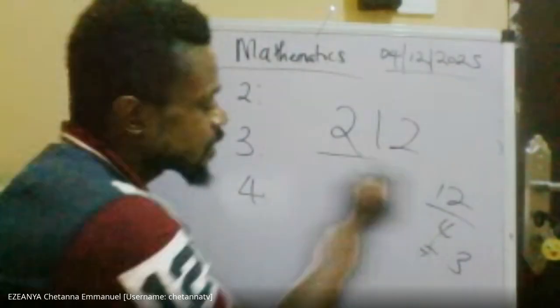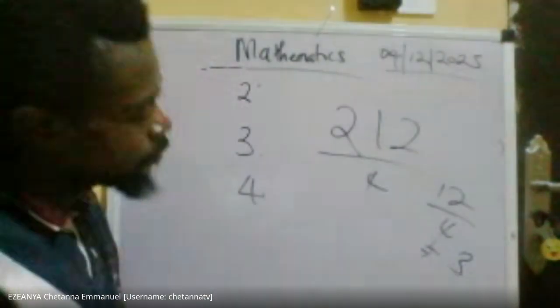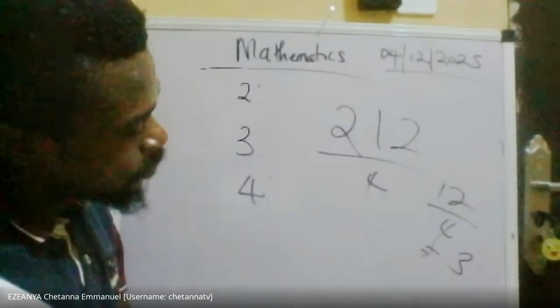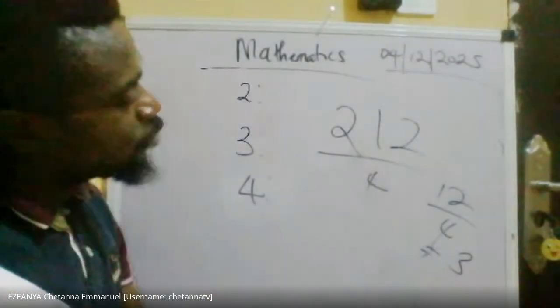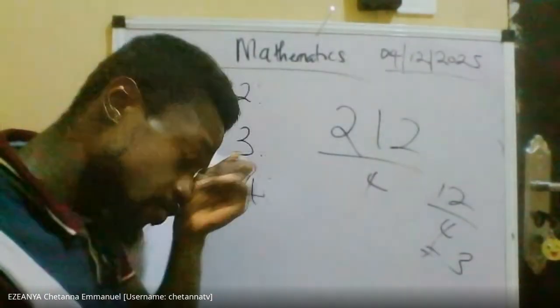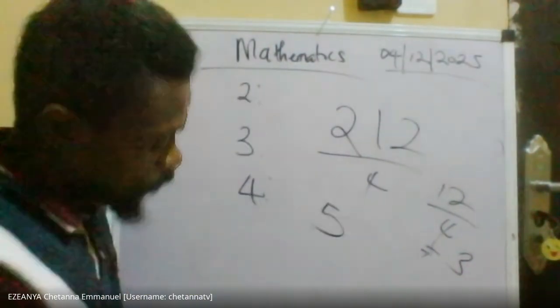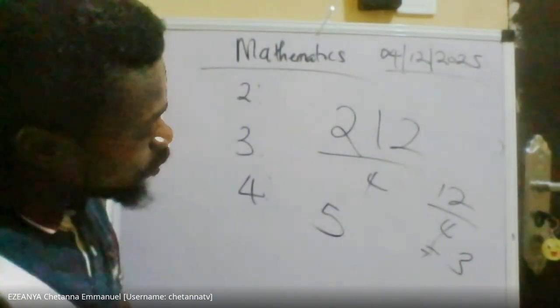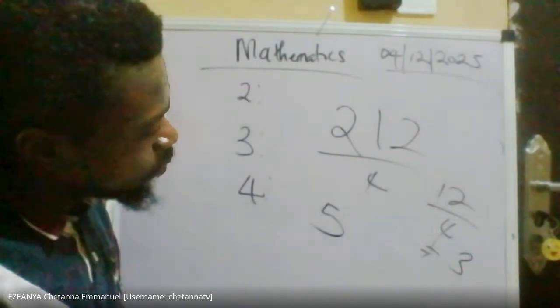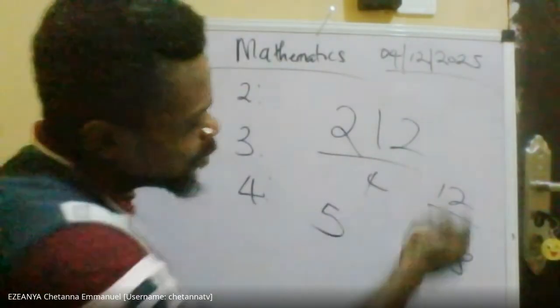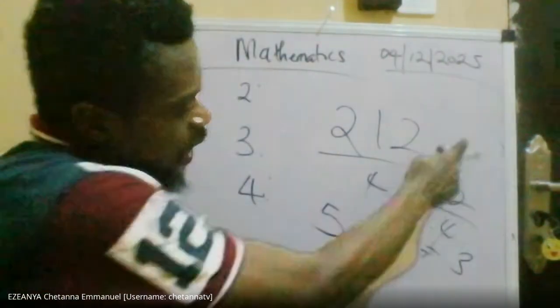Let's do it straight to confirm. 4 divided into 21 is 5, right? 5 remainder 1. You multiply it by the base. You remember this is base 10. Everything here is base 10.